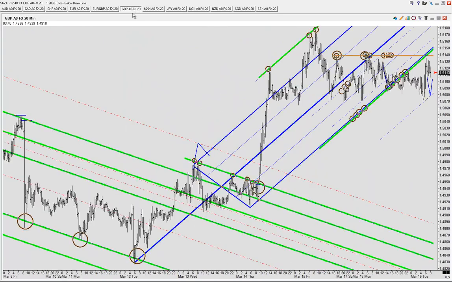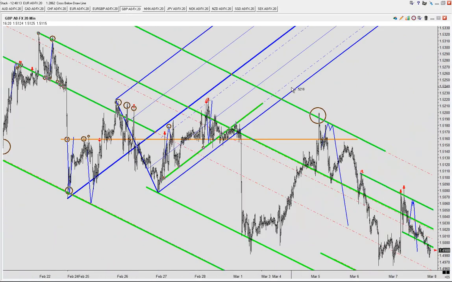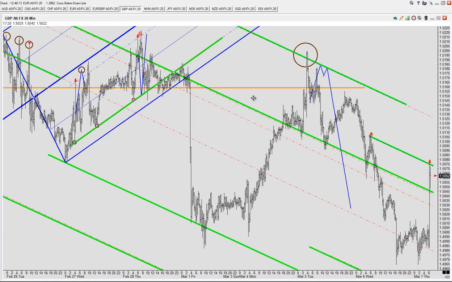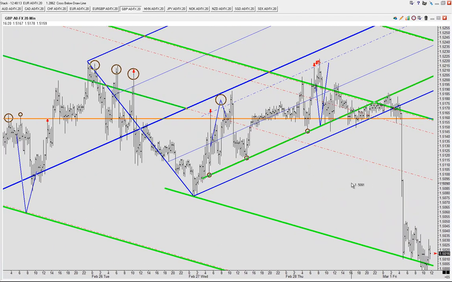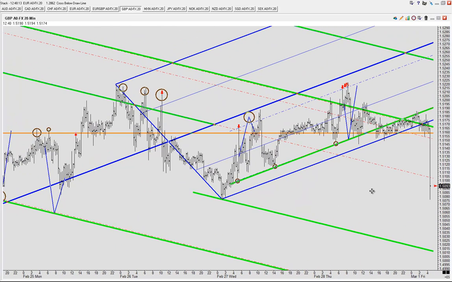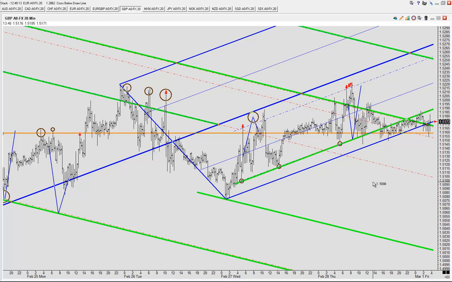Most of them are downtrending forks, which is kind of telling, isn't it? I tell you what, let's just use this one here. This is the British pound. Here's the analogy. One of the things that I always look for within a pitchfork, apart from knowing that we have the current slope of price, like this, is, are we strengthening or weakening within that slope? And again, here is the analogy.